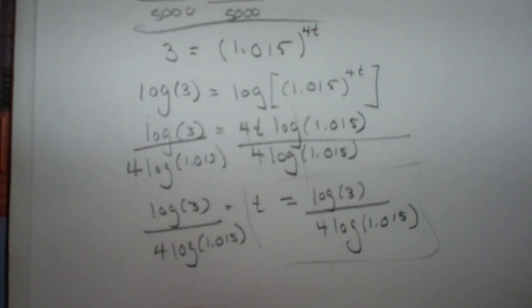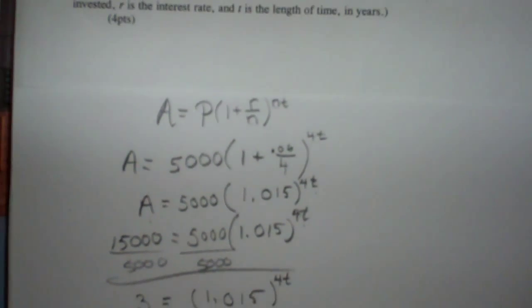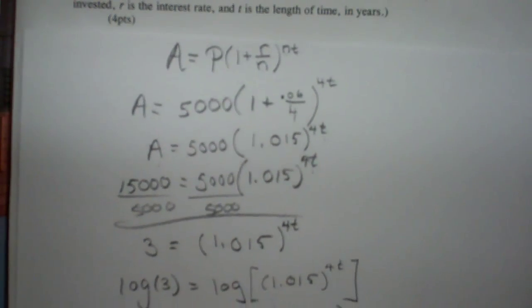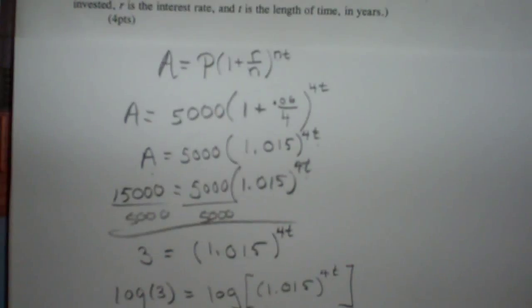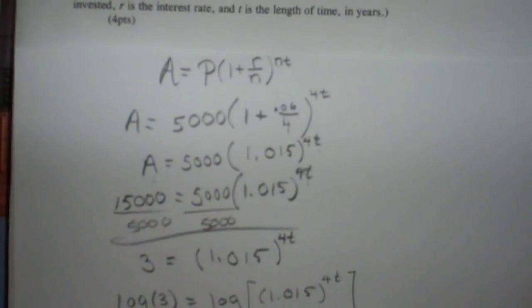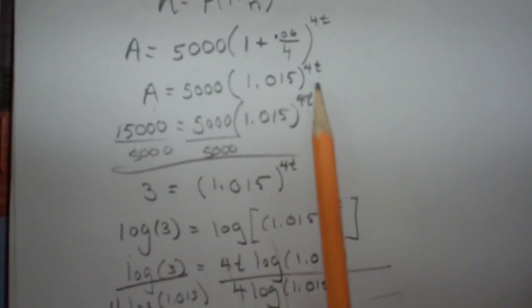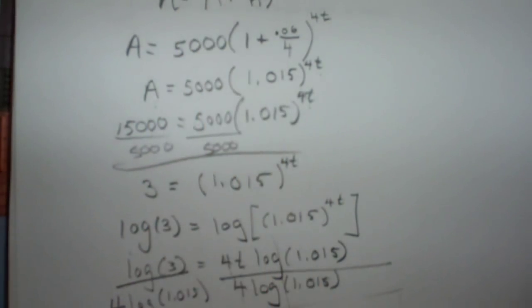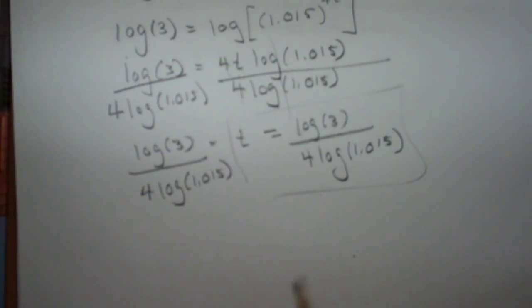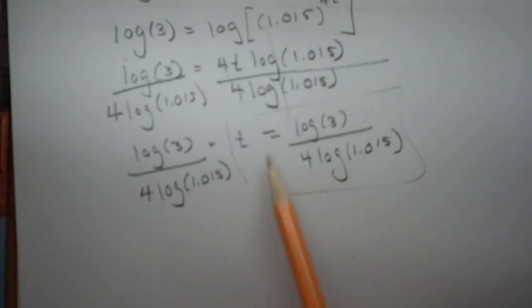The problem wants us to actually give the time that it's invested in years, right? So, it wants us to give it to the nearest tenth of a year. So let's do this to the nearest tenth of a year. We're going to type this in the calculator and then find that value to the nearest tenth of a year.